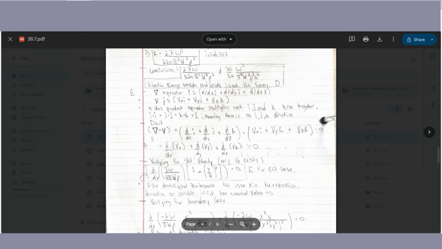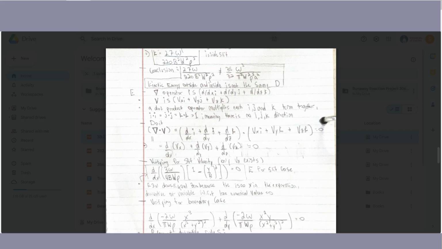All right, again, so del operator is this. V is this. And then the dot product, you multiply each, like this term times this term, plus this term times this term, plus this term times this term. And i dot i equals j dot j equals k dot k equals 1. So that means there's going to be no direction variables in it.